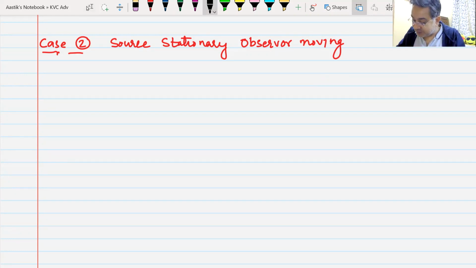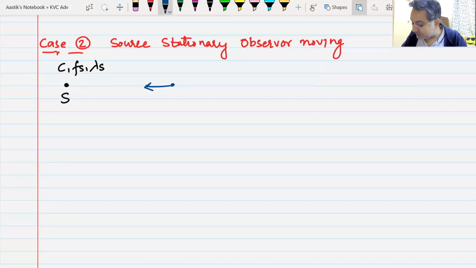So, if I draw the diagram, this is the source. He is stationary. He is emitting sound with speed c, frequency fs, and lambda s. Here is the observer. Observer might be having some velocity. VO is the velocity of the observer.